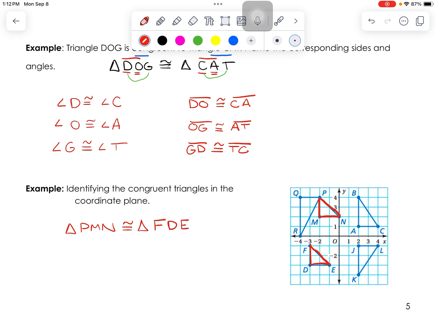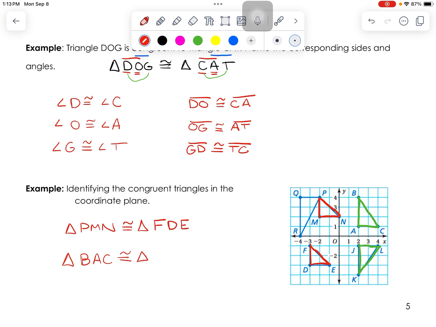Okay, there's another set of congruent triangles here. I'll color these ones in green. So those green triangles also happen to be congruent. If I write these ones out, I'm going to do triangle BAC is congruent to triangle.